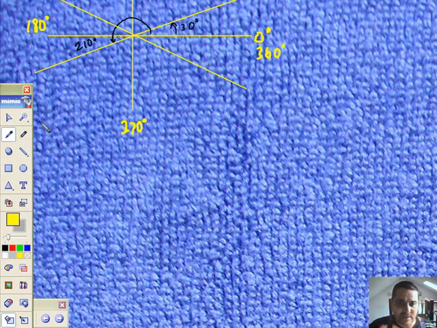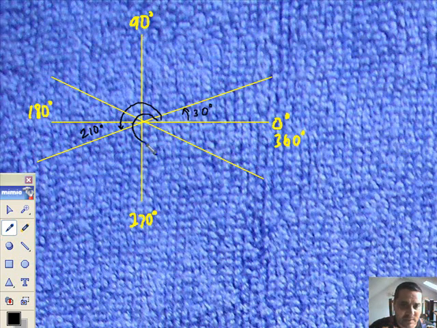So the true angle when working in the anti-clockwise direction is this one, all the way around. It's 360 less 30 degrees, so this is essentially 330 degrees in the fourth quadrant.